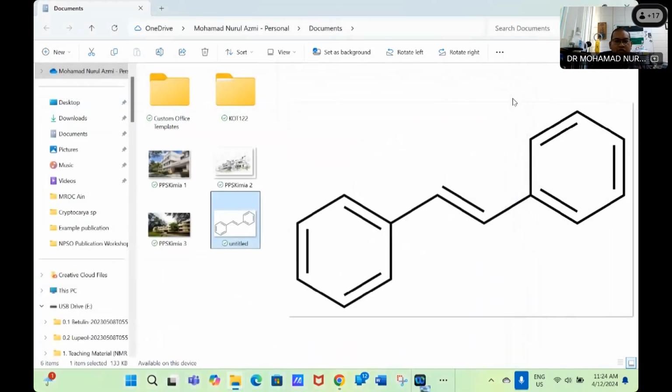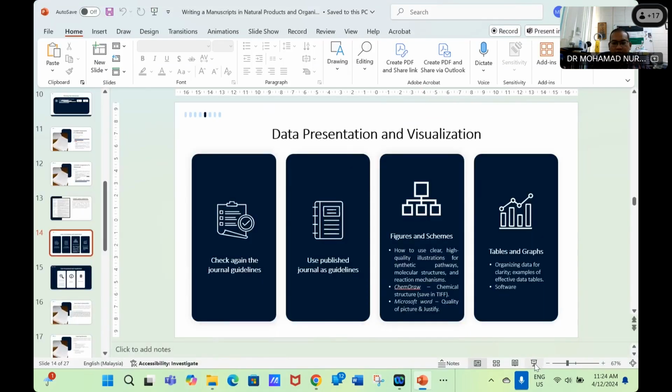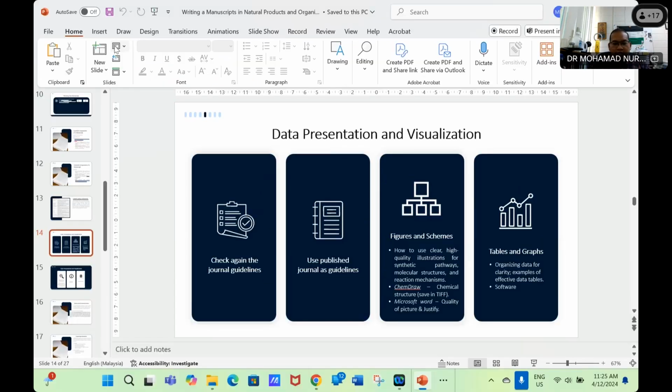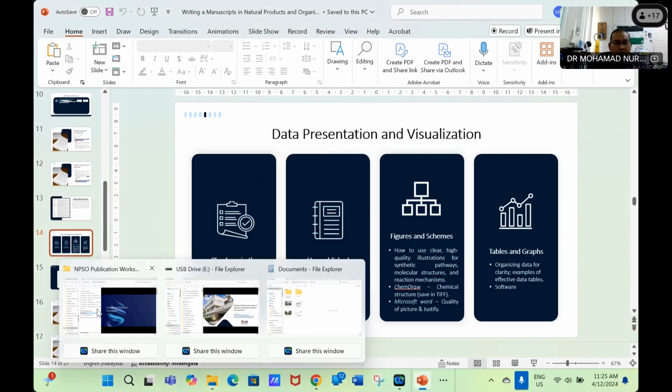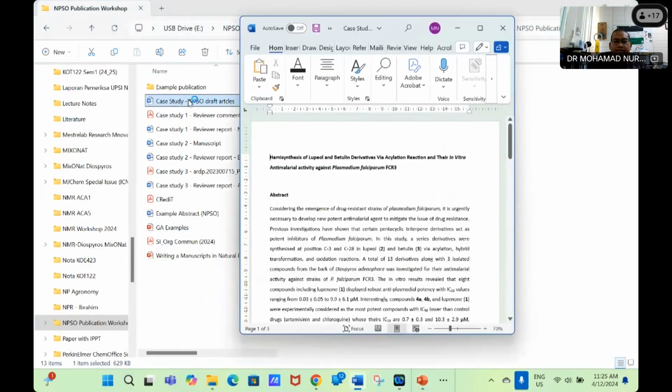It's better to do it like this, and then just put it into your manuscript. This is what you can do. For Microsoft Word, use quality pictures and justify. The thing I want to highlight here is, maybe I will open an example. Okay, maybe this one.